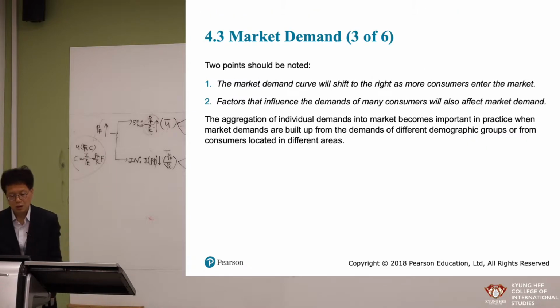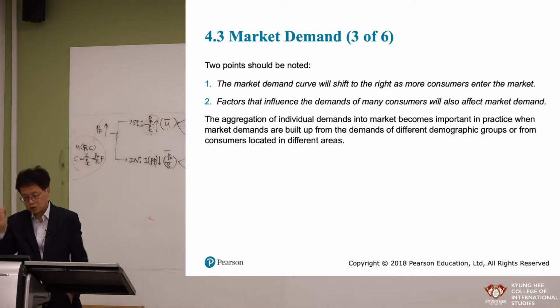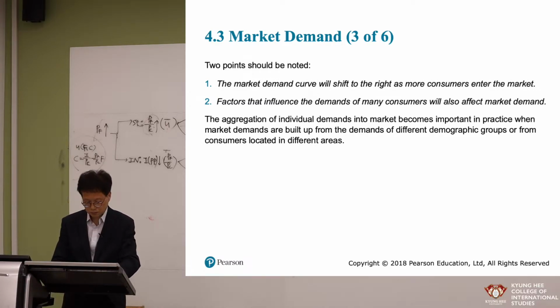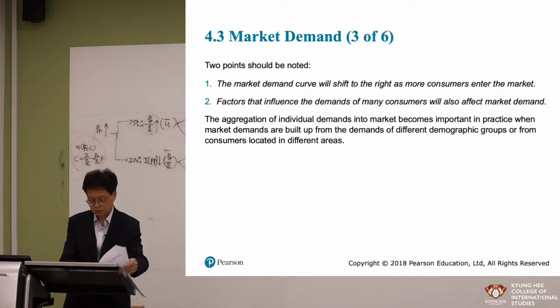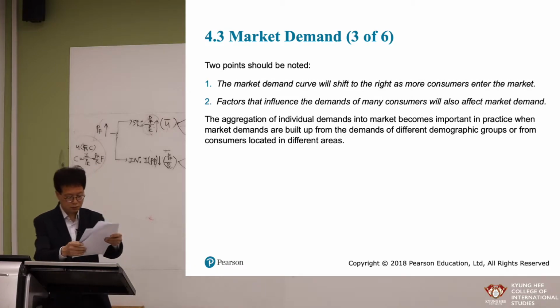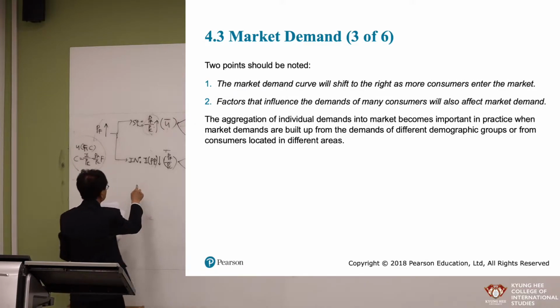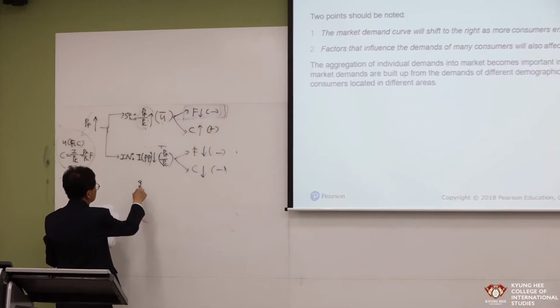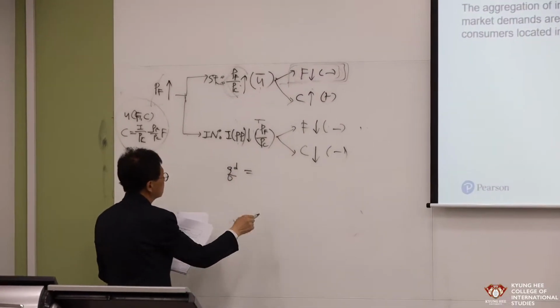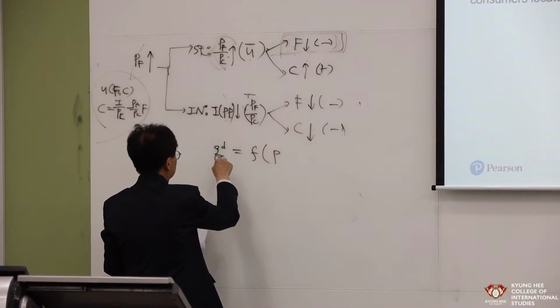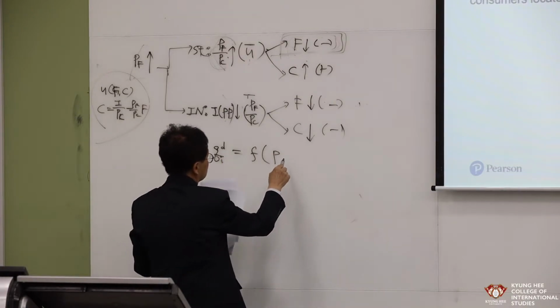Two points should be noted. The market demand curve will shift to the right as more consumers enter the market, right? So in chapter 2, we studied the individual demand curve. For example, it is a function of the price of that good, right?